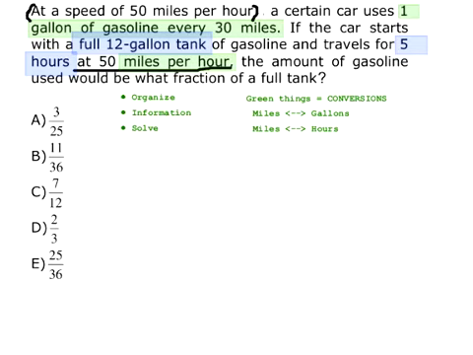So as far as organizing the process here, you can realize that you start with 5 hours. Then you can go from hours to miles because you know how to do that. Once you are in miles, what can you do?